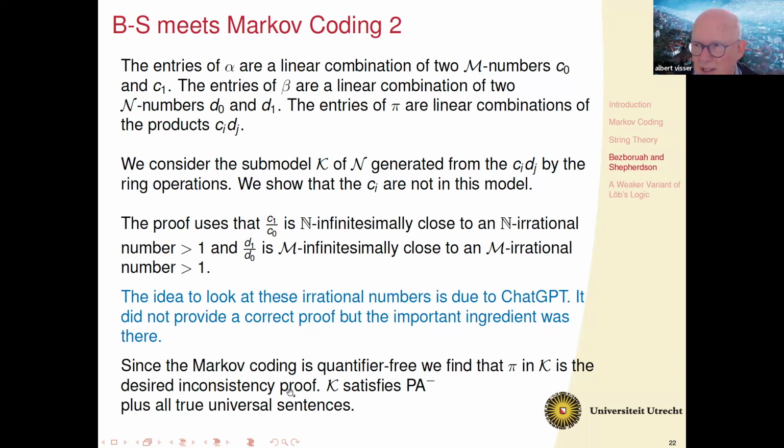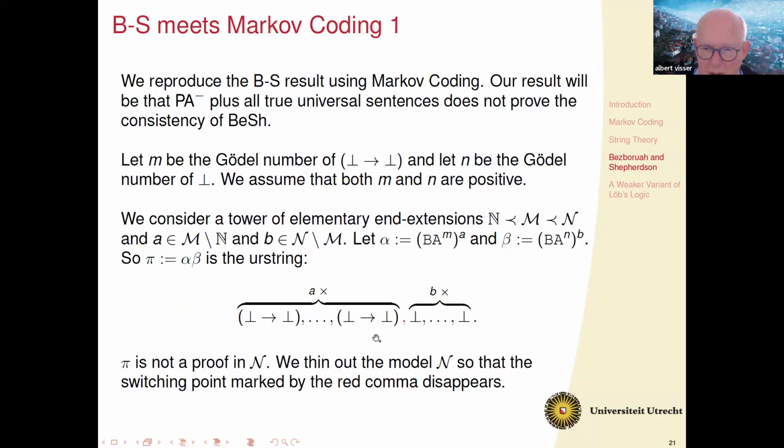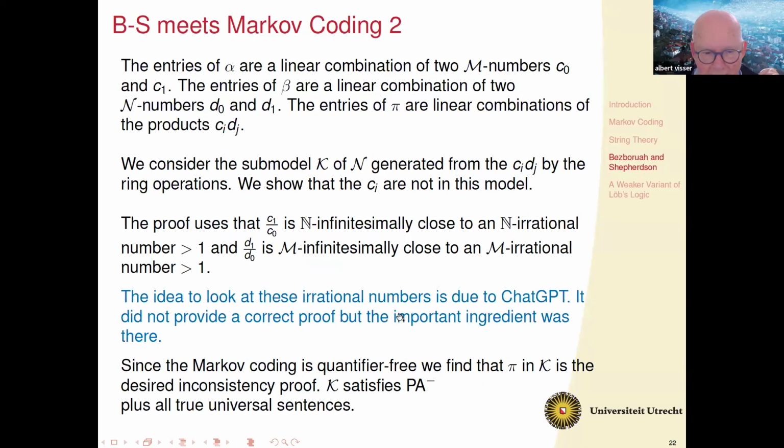So all the properties that we need for the coding are preserved. And so in the new model, the structure of this is preserved, except that some points are missing, and especially the crucial red comma is thrown out.